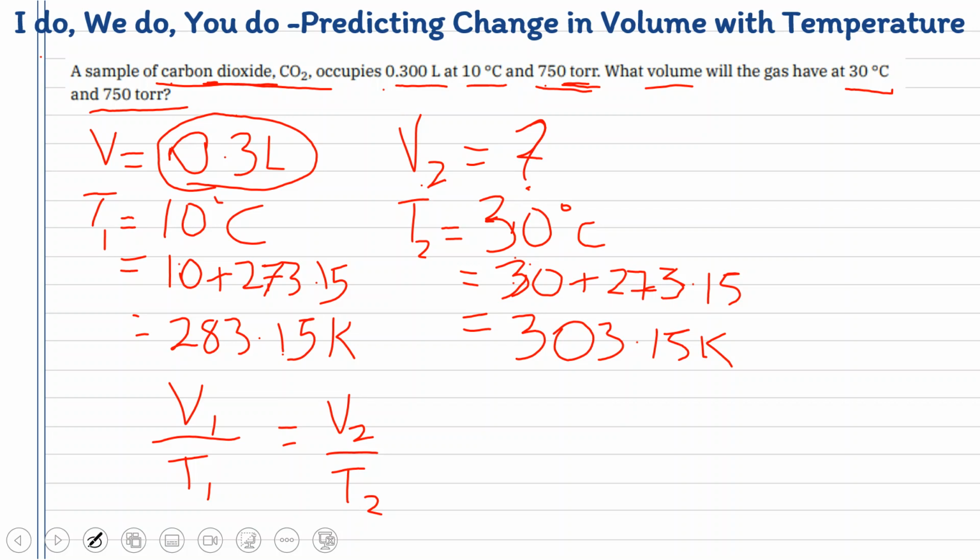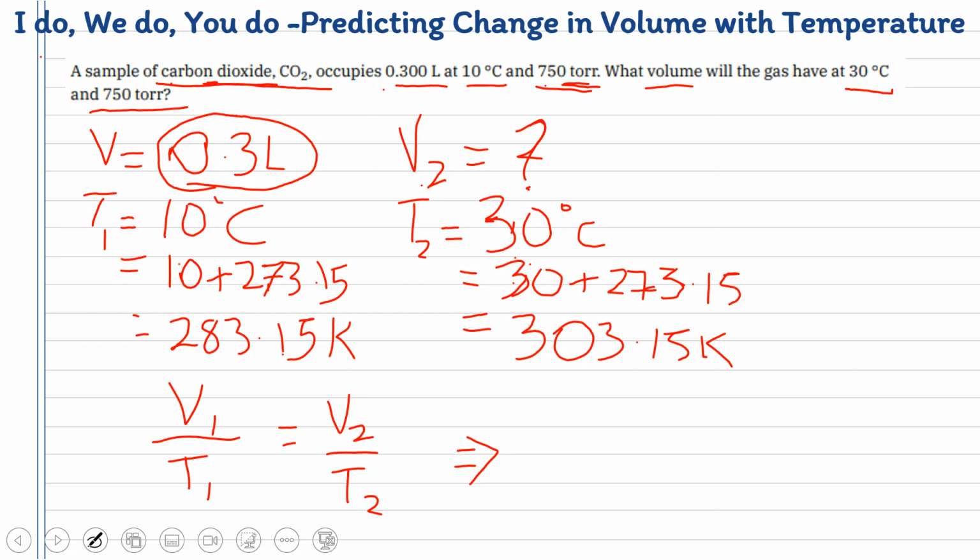So if I want to make V2 the subject, what I can do is multiply both sides by T2. Why am I going to multiply both sides? Because T2 is dividing here. So if I multiply both sides by T2, then I can have V2 to stand alone.